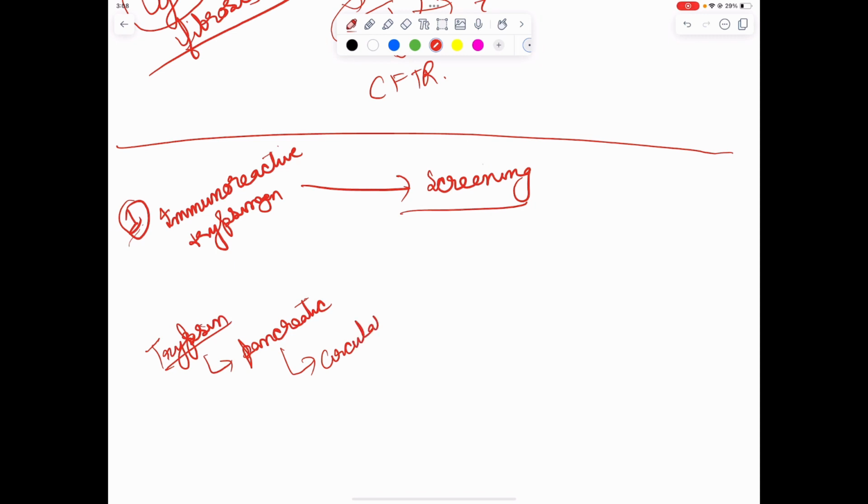Once it comes into the circulatory system, it is immunoreactive, because for our blood this is a foreign body. So if we see immunoreactive trypsinogen, this is a screening method for cystic fibrosis.